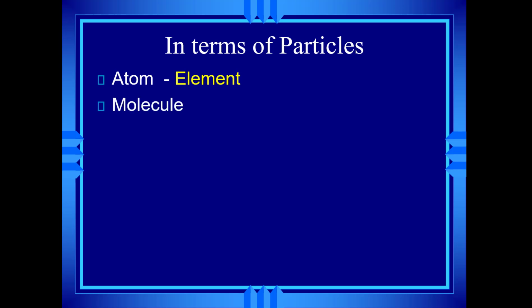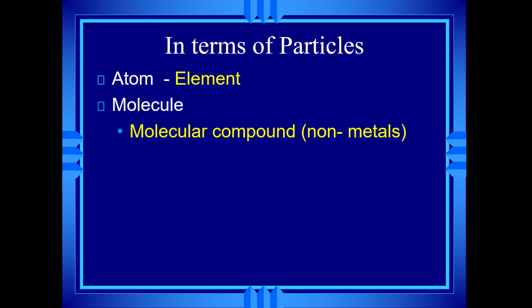Okay? Second kind of piece you learned before we got here was molecule. There's two ways to get molecules. One is a compound. The ones where we use prefixes, the ones where they're both non-metals.